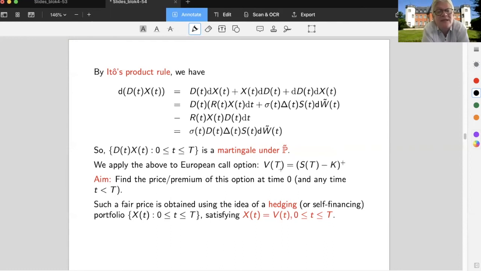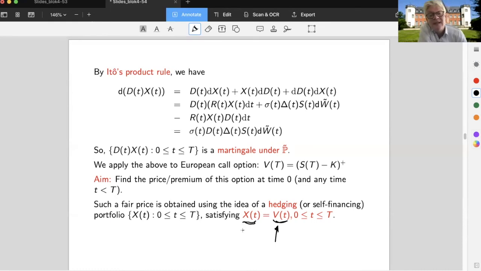And the aim is that at any time from little t to capital T, the value of the portfolio is equal to the value of the option. And I already mentioned, the writer has sold the option, received some money, V0 for it. And the aim is to have a portfolio. The writer should have a portfolio X, and that portfolio is partly in stocks, delta stocks, and partly in the money market.